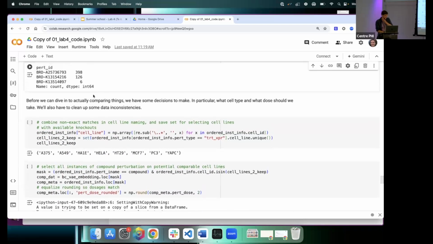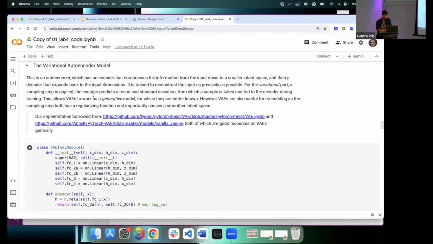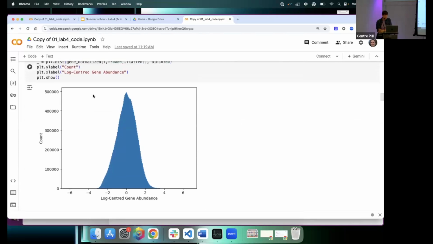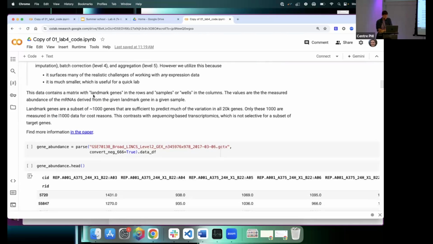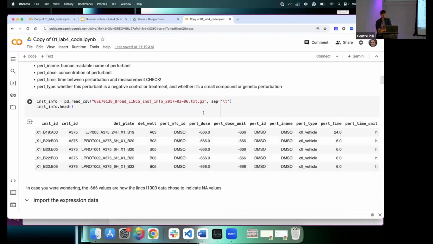And before we actually dive in, we still have some questions left. We centered and batch corrected the data, but maybe I'll go back up to the table. We have a lot of questions about how we're going to aggregate this data. We have different doses, we have different cell lines.